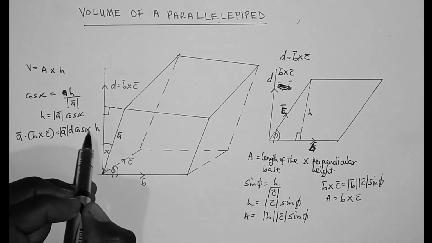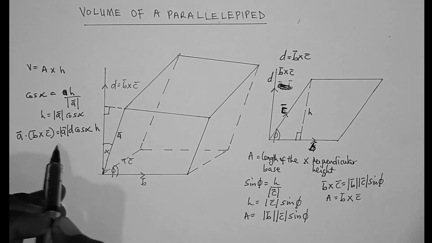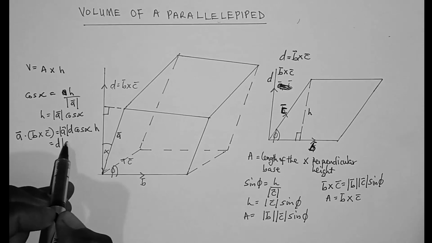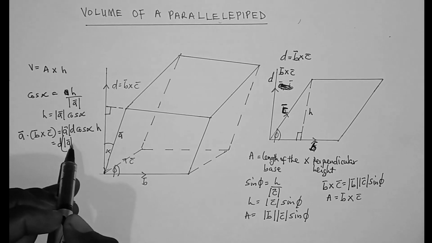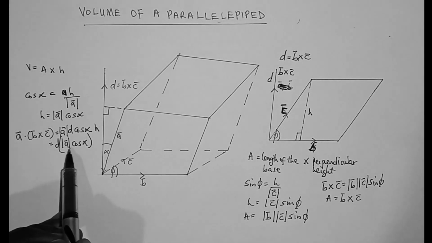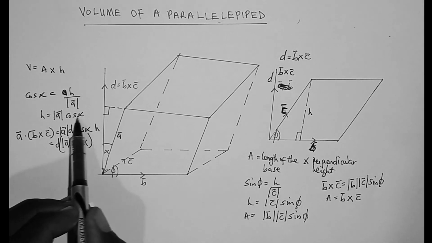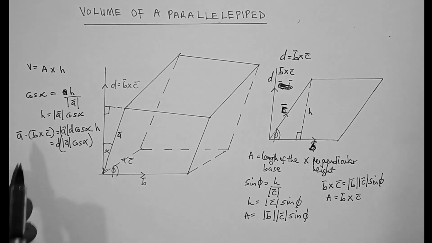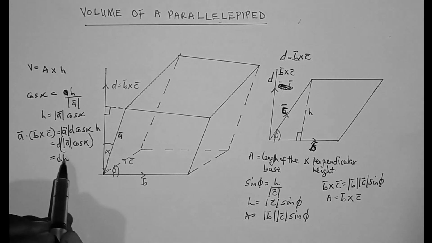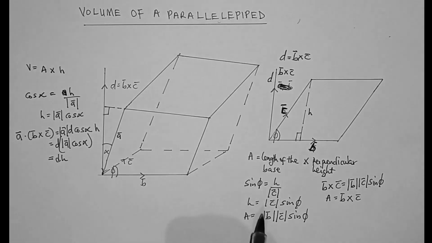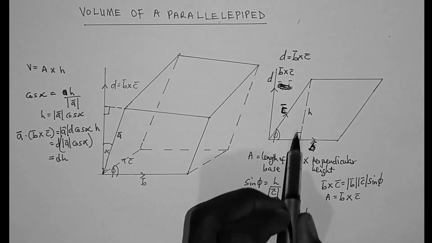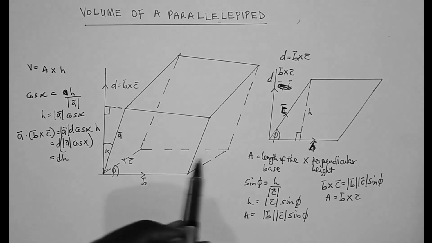So that angle is alpha. Now this can also be written as D times the magnitude of vector A cos alpha. But we have already established what the magnitude of A cos alpha is. That is the perpendicular height. And therefore this is equal to D times h. D is B cross C, which is the area of the base, and h is the perpendicular height.